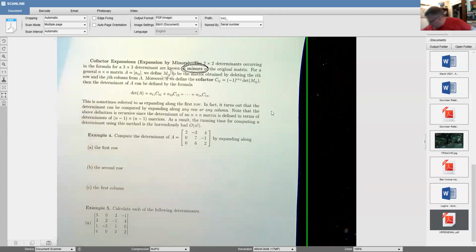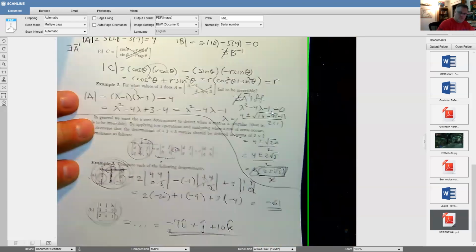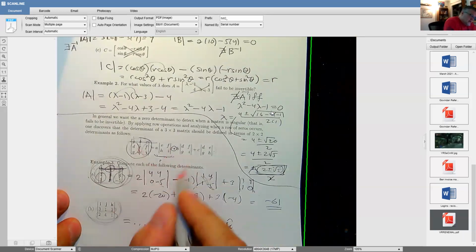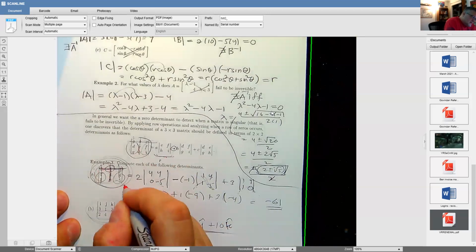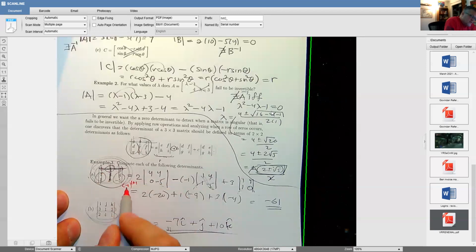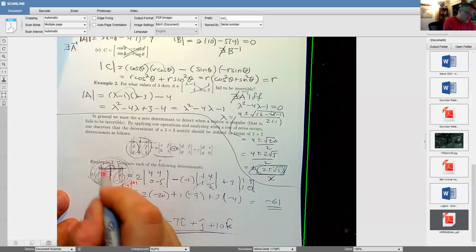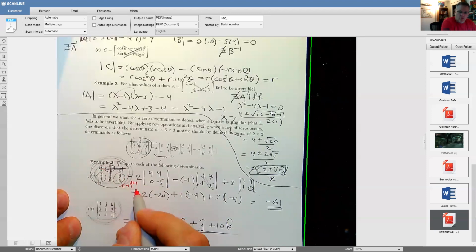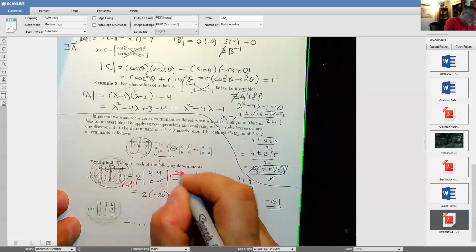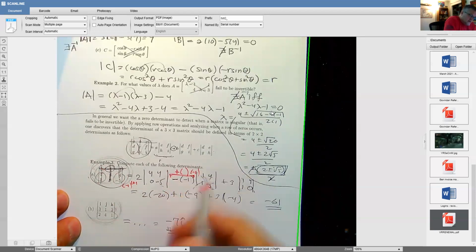And so if you look back at our example, notice here that the 2 was in the first row, first column. So I'm going to multiply -1 to the 1 plus 1 times the 2, but -1 to the 1 plus 1 is just 1. You don't have to memorize that. Just say plus.